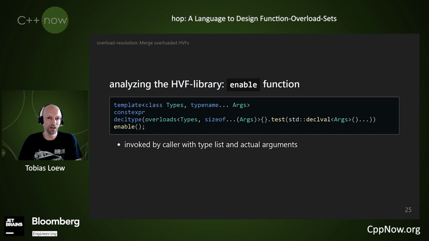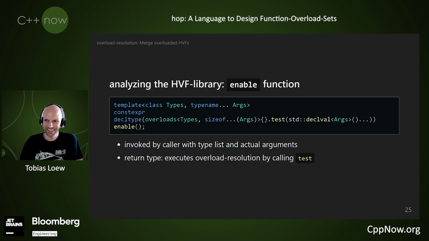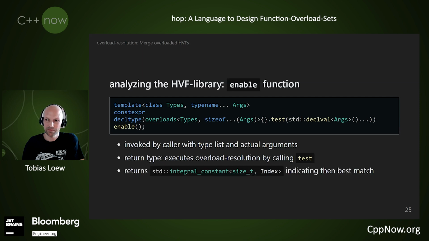Okay, and this is passed on to the template overloads. And as return type, we will get this result from this test function. And this will be just an integral constant containing the index of the best matched type.